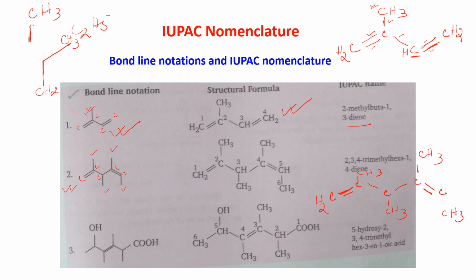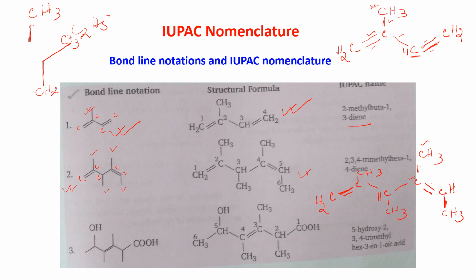This carbon atom has 1, 2, 3, so here one H will be there. This carbon atom 1, 2, 3, 4, so this is satisfied. This carbon atom 3 and 1, 4 satisfied. This carbon atom is having 1, 2, 3, so here it will be 1, and this carbon atom is also satisfied.